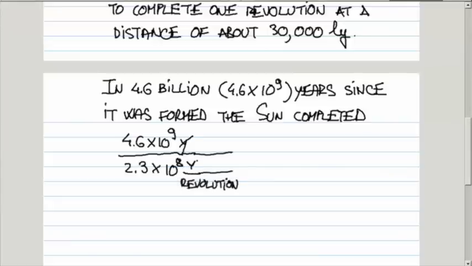Years drop out, the revolution is going to come on top, so 4.6 over 2.3 is 2, right? 10 to the 9 over 10 to the 8 is 10. So 2 times 10 is 20. So 20 revolutions. So since it was formed 4.6 billion years ago, the sun made 20 complete revolutions around the galactic center.